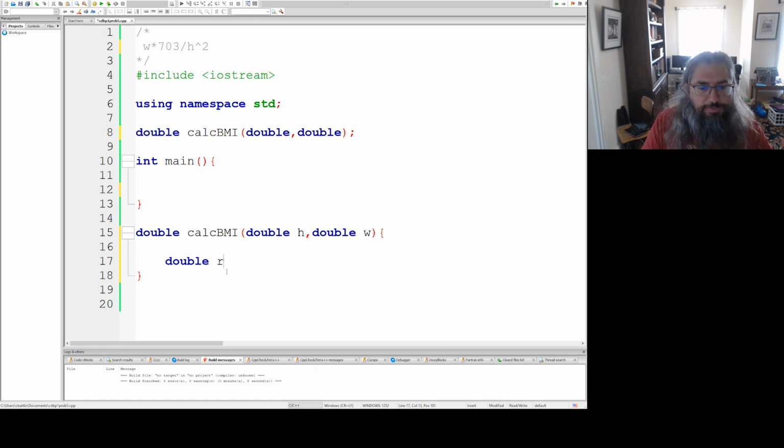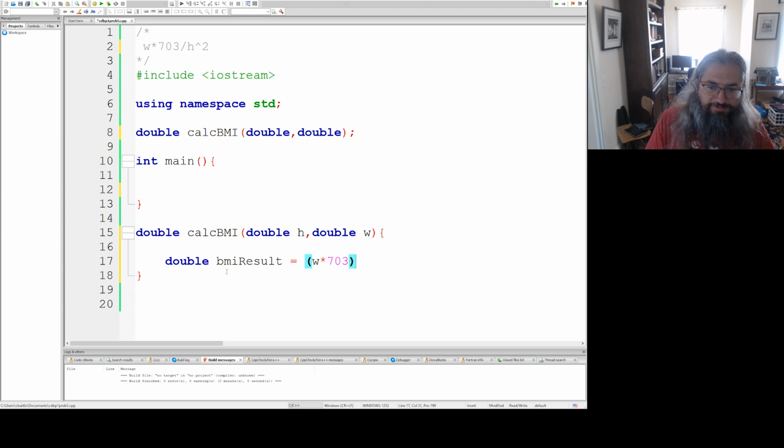Like this. I'm going to make something called result. Actually, I'm going to call it BMI result. Okay. And then, well, what am I going to do? Well, let's do the top. The top is going to be the weight times 703.